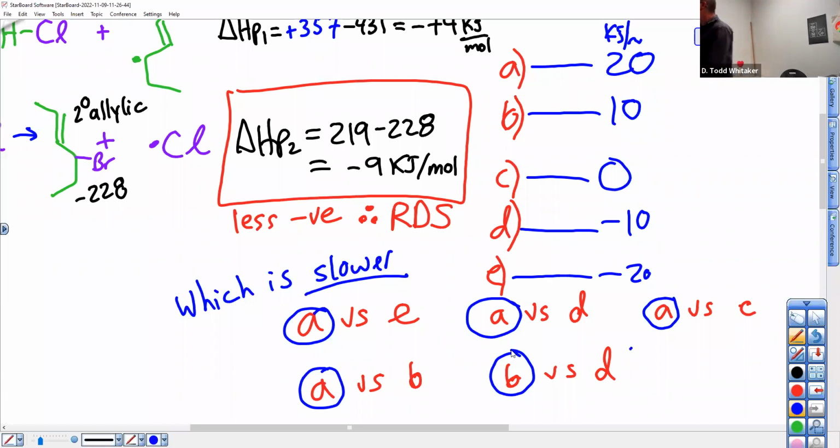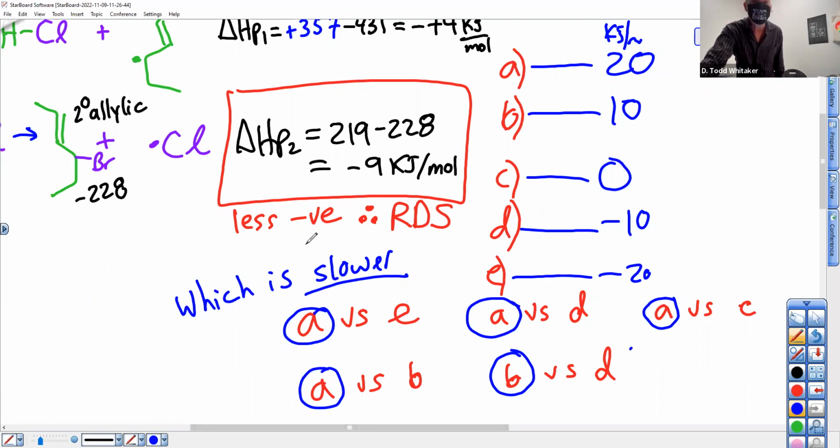You can reword this. Sorry, people in the video don't know what I'm saying. I was pointing to, you can reword this as more positive is the rate determining step. What's the opposite of less? What's the opposite of negative? Two negatives?